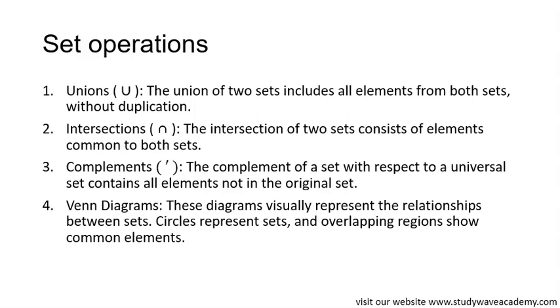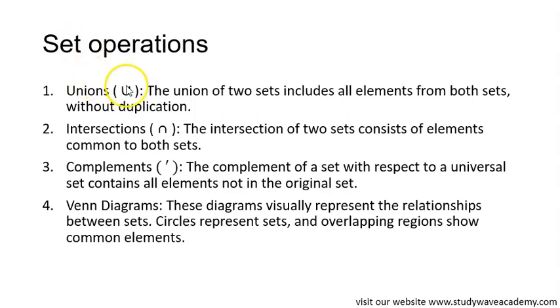Set operations are mathematical operations that involve manipulating or combining sets, which are collections of distinct elements. The common set operations include unions. The union of two sets includes all elements from both sets without duplication.